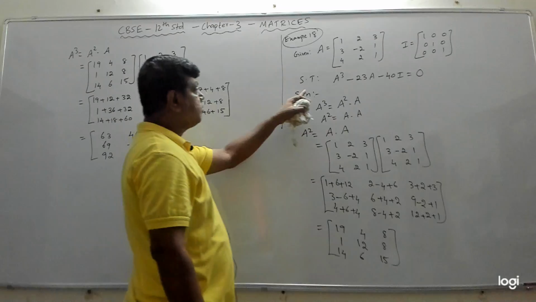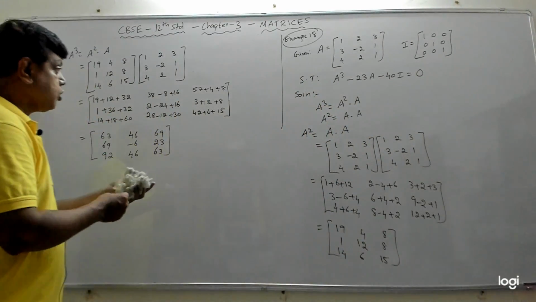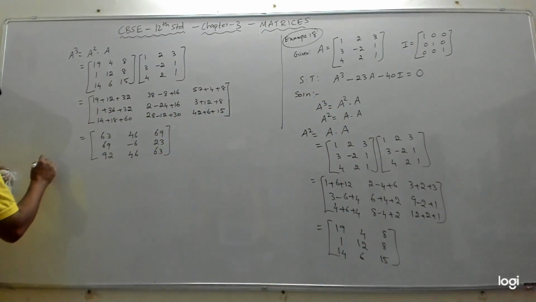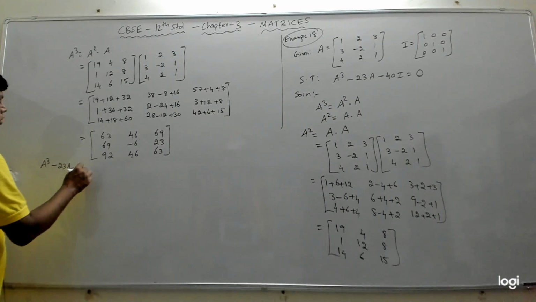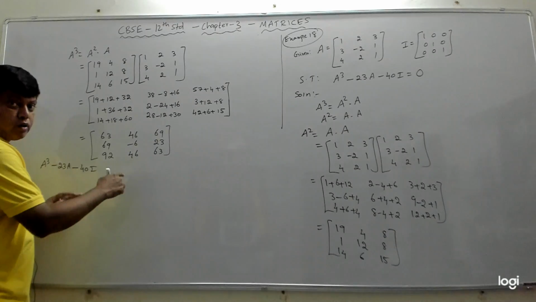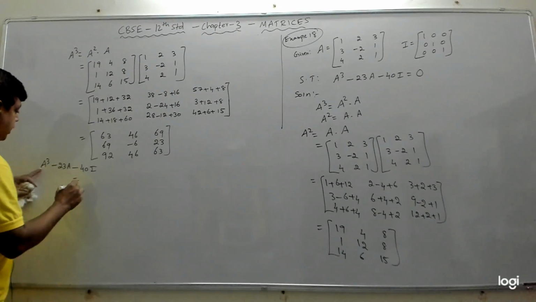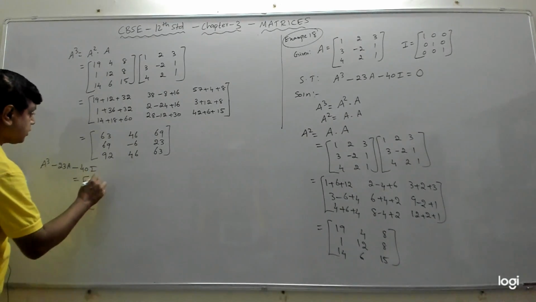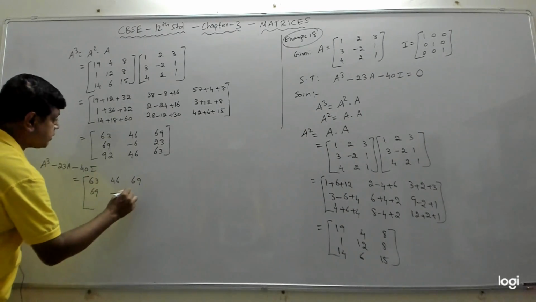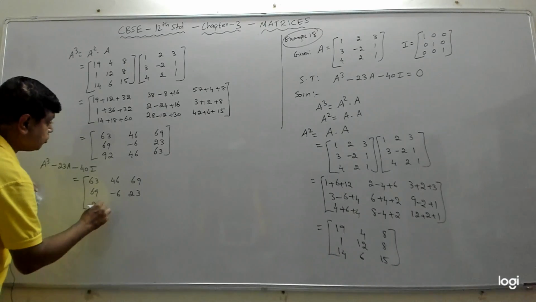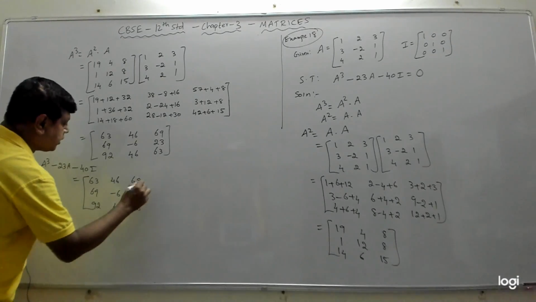Now we should substitute all of them here. Now what is our A cube? A cube is this much. So now we are going to find the value of this: A cube minus 23A minus 40I. Don't put equal to 0. We have to prove that it is equal to 0. So that is equal to A cube. A cube is this one, 63, 46, 69, 69, minus 6, 23, 92, 46, and 63.